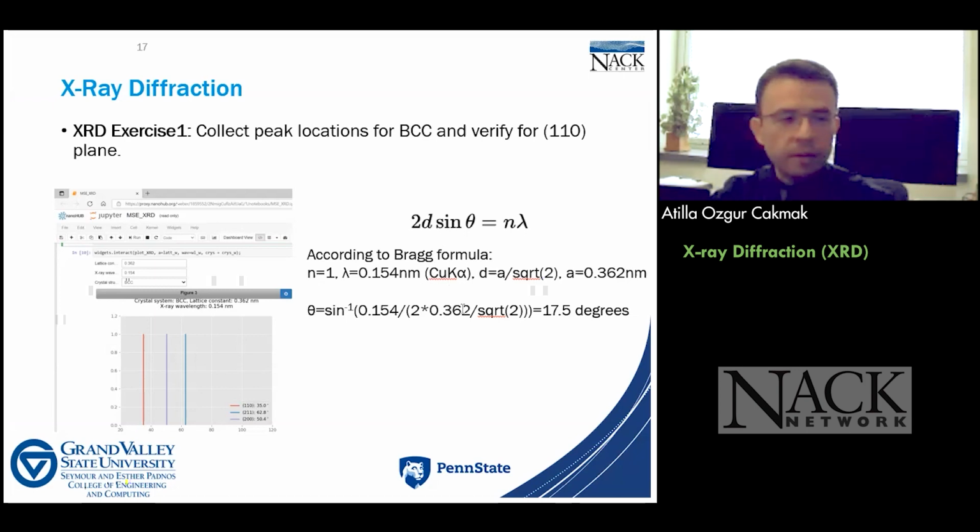They can plug in the numbers, say for one of the structures with a certain lattice constant. You can give them the lattice constant and the source of the emission, and using simple math, they can figure out the angle at which these peaks are expected to occur.